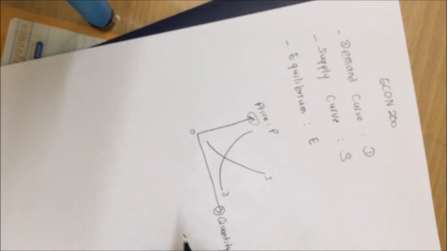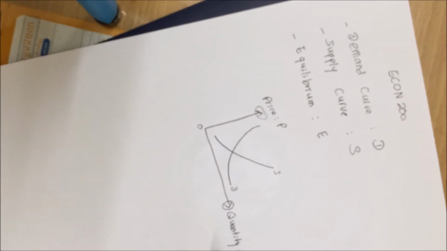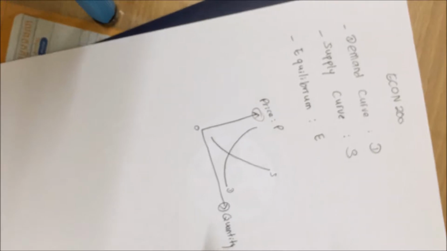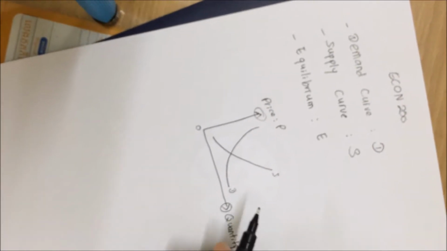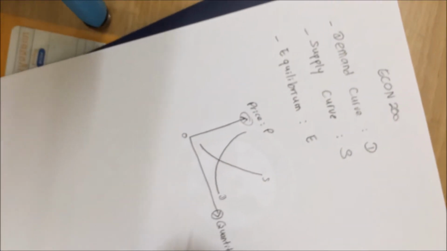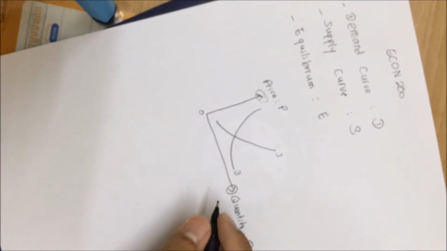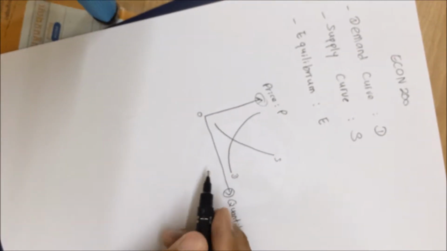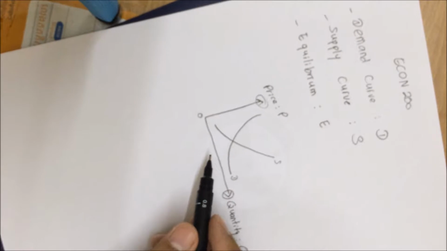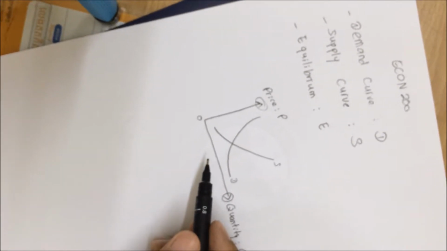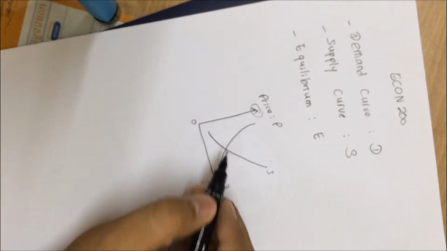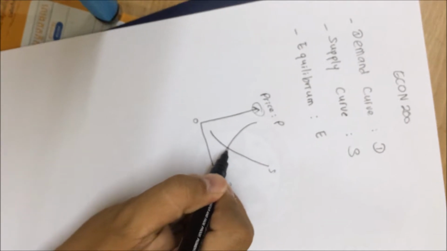Next, we will see where E is. Just like I said, E is all about equal. There is one place where supply and demand are the same, which is the intercept of these curves.